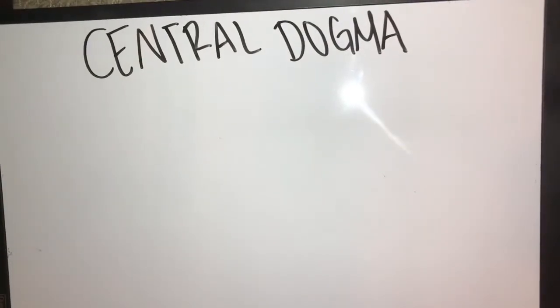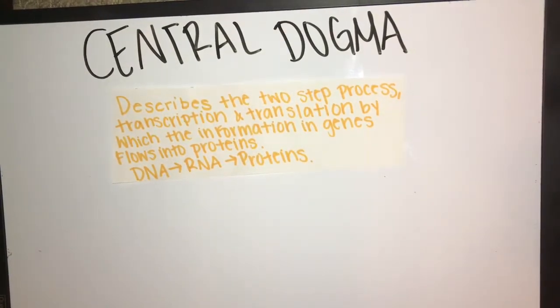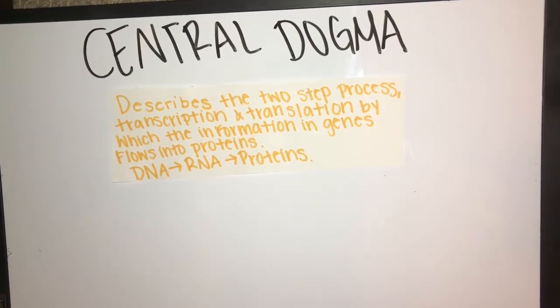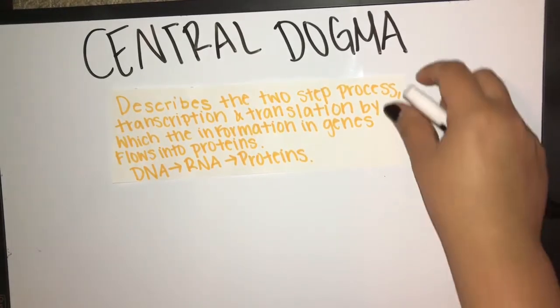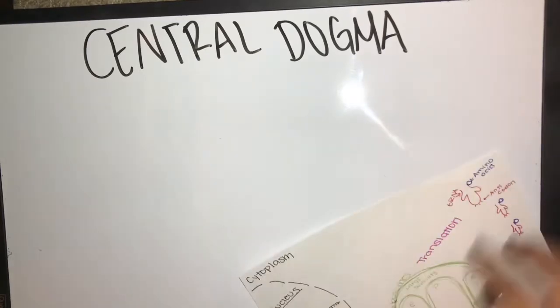So now let's talk about central dogma. Basically, central dogma describes a two-step process, transcription and translation, by which the information in genes flows into proteins. So DNA turns into RNA, and RNA then turns into proteins. I will show you a picture of how this all looks.